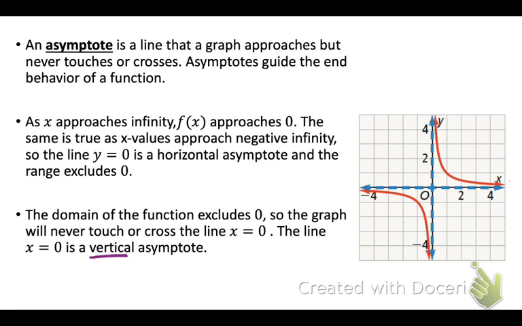Vertical asymptotes are when the function is undefined. So when is a function undefined? What is the one thing you can't divide by? 0. So these reciprocal functions are going to be undefined when you try to divide by 0.